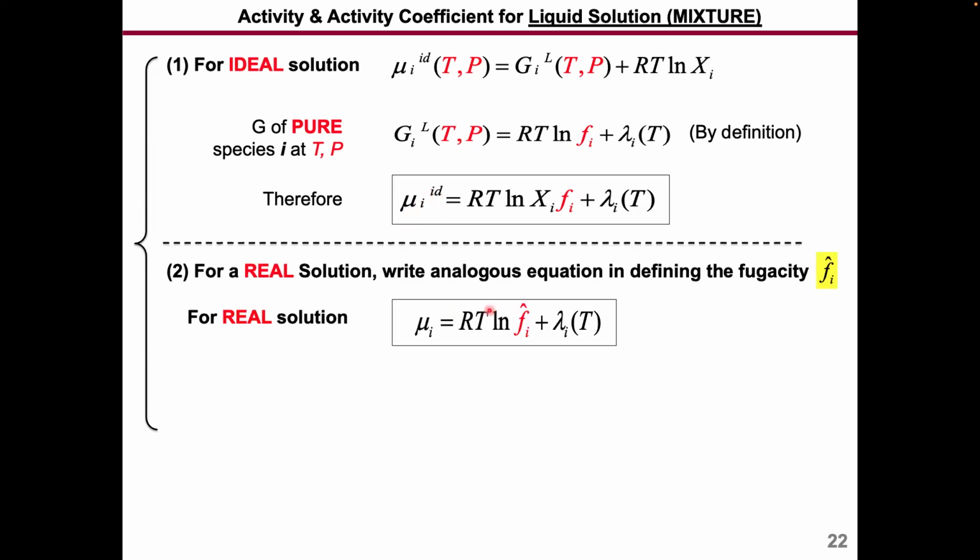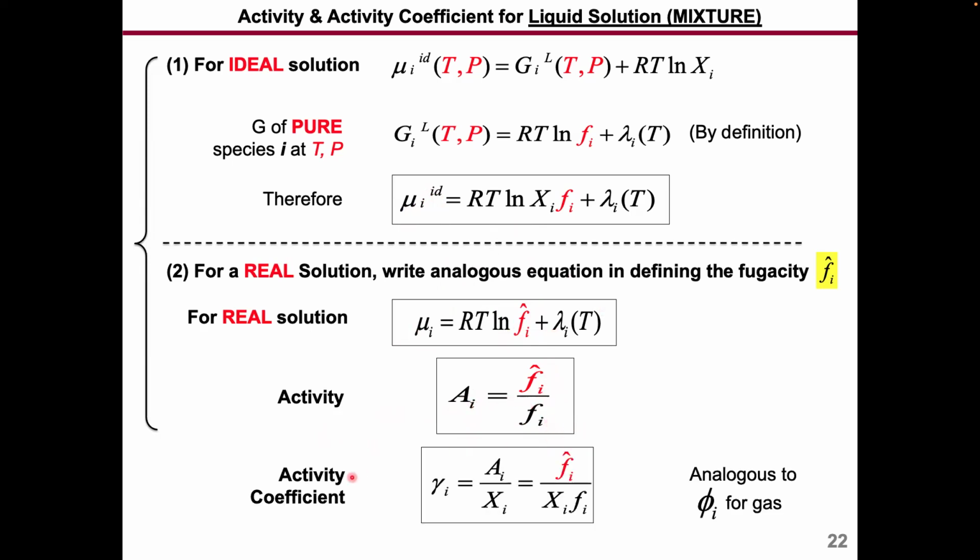Now for a real solution, you can write the analogous equation defining fugacity, right? So basically μi is equal to RT natural log f̂i plus λi(T). So we gave you this equation already. And then we can define activity. Activity âi is equal to f̂i divided by fi. And then the activity coefficient γi is equal to âi, the activity, divided by xi. So basically f̂i normalized to xi fi, right?